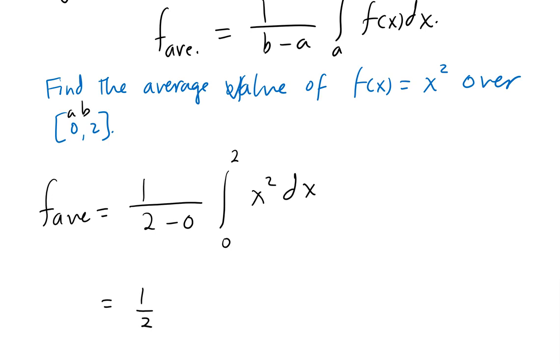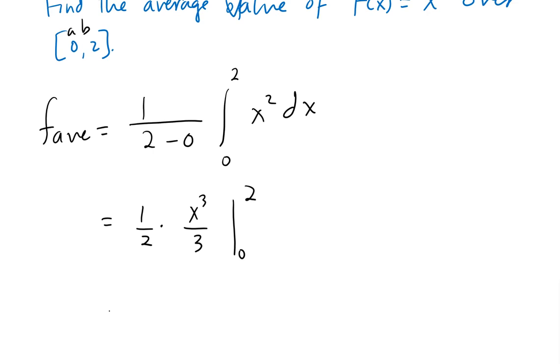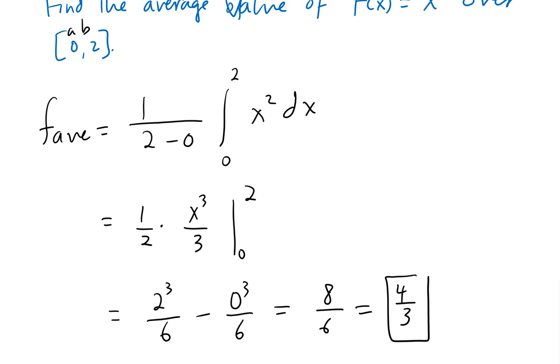This is 1/2. Integral of x squared is x cubed over 3 from 0 to 2. 2 to the third over 6 minus 0 to the third over 6, which is 8 over 6. Divide by 2, 4 over 3. Make sure you reduce all the way.